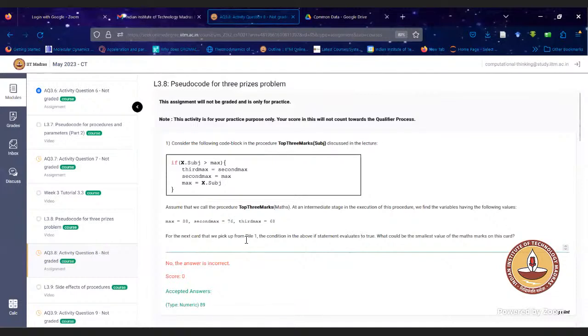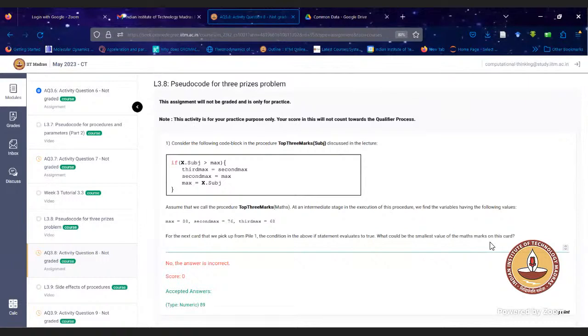What could be the smallest value of the math mark on this card? Yeah, so what was your question? Here it's asking what should be the smallest value, right?